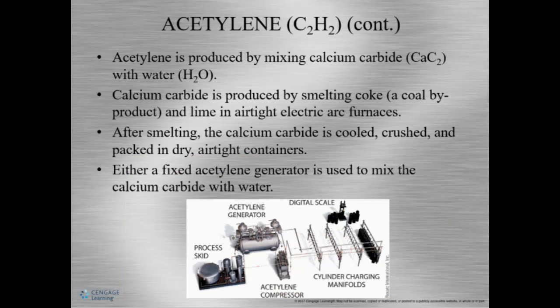All right, so acetylene is made by mixing calcium carbide and water. Calcium carbide is made by smelting coke, which is a coal byproduct, and lime in an airtight furnace. After they smelt the calcium carbide, it's cooled, crushed and packed into airtight containers. Then an acetylene generator is used to mix the calcium carbide with water.